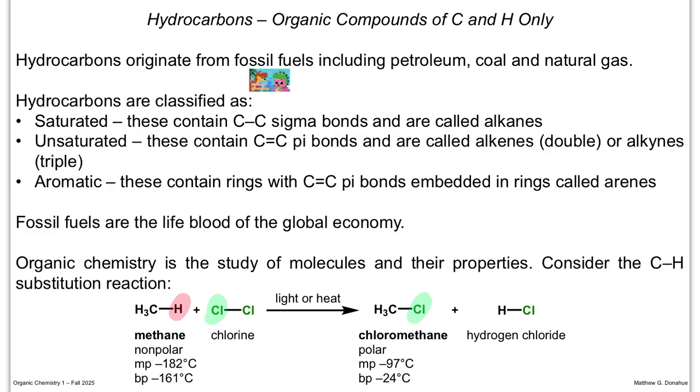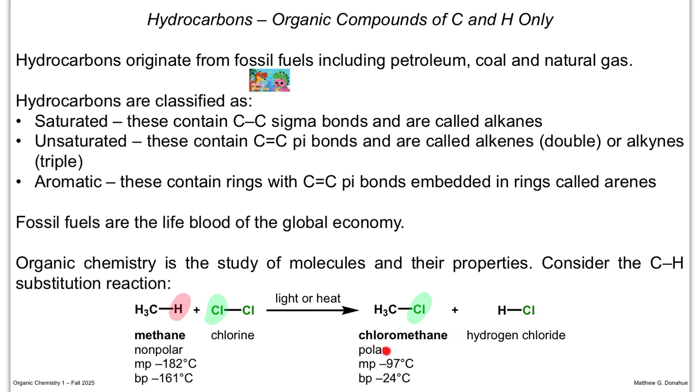Part of what we'll learn this semester is not only the reaction and the conditions, but actually how that happens. How do the electrons move? Is it 2 electrons moving? Is it 1 electron moving? Are there intermediates? What are the energy requirements for that? But as you can see, we're taking methane, a nonpolar molecule, and now making chloromethane.